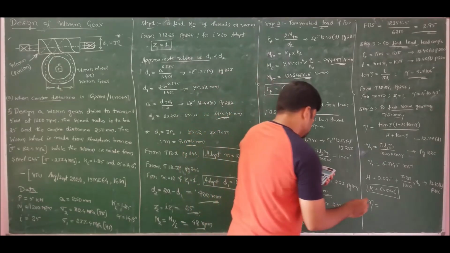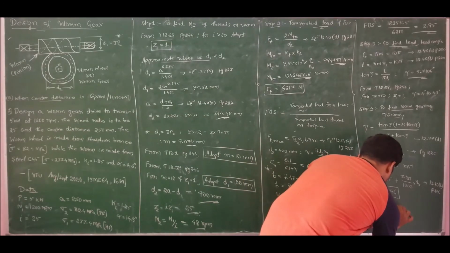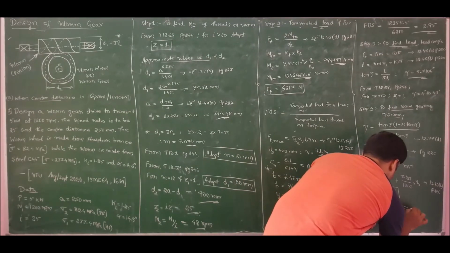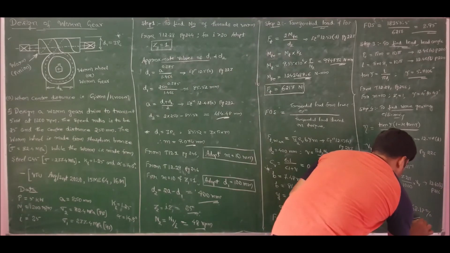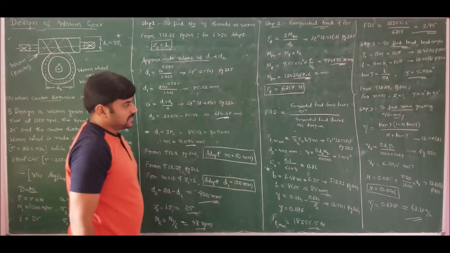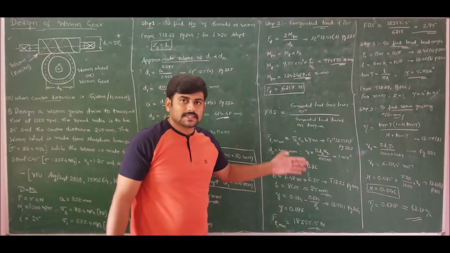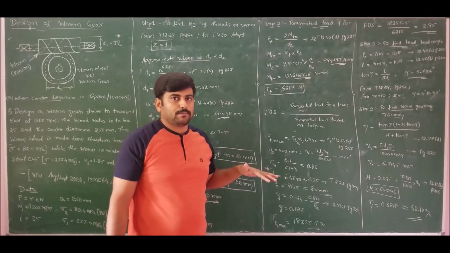So efficiency is 0.6818, which is equal to 68.18%. So we have calculated the worm gear efficiency, which is turning out to be 68.18%, which is greater than 50%. Hence, the worm gearing system is not self-locking type.